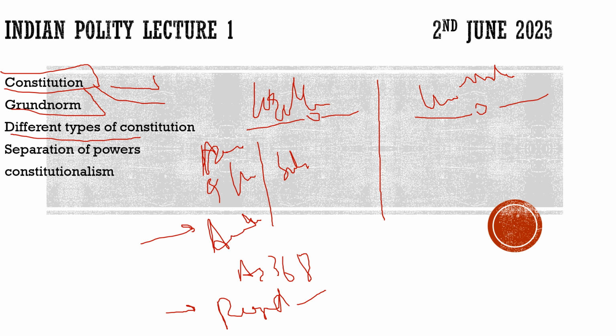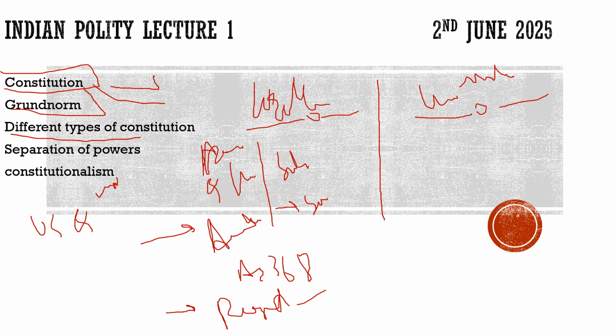We also need to understand who is supreme, who is sovereign. In this case it is the constitution that is sovereign. What are the countries that have a written constitution? For example, the US and India.